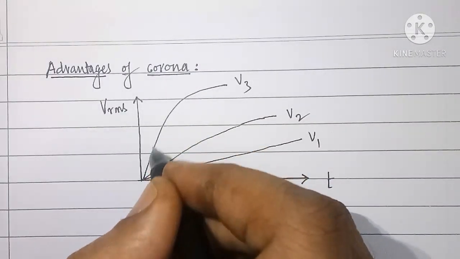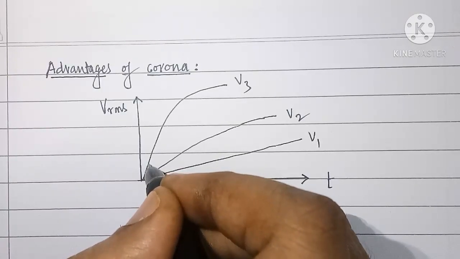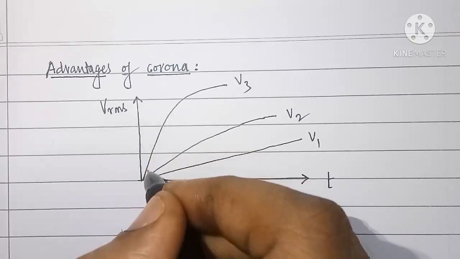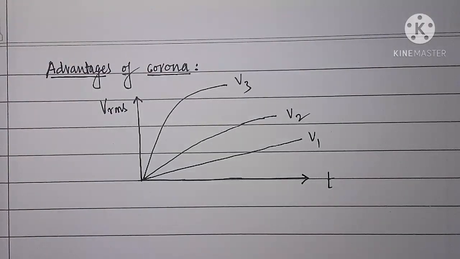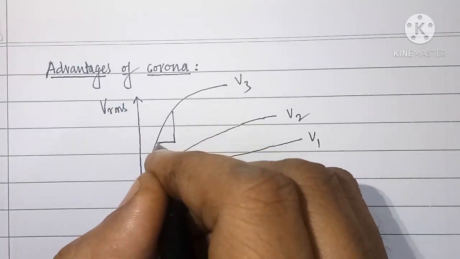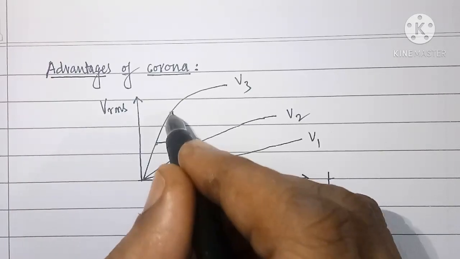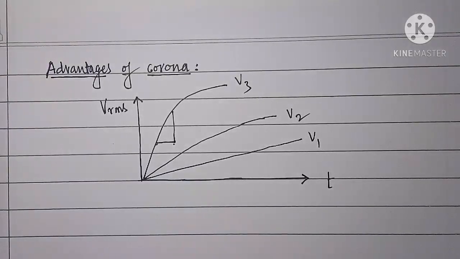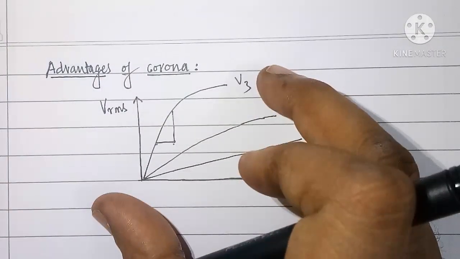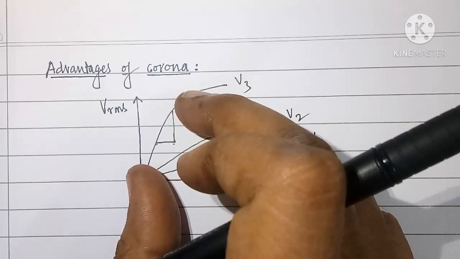If you see this part, it appears to have a very high positive slope. That means in less time, the voltage rise is more. V3 is said to have a steep rise in its value.